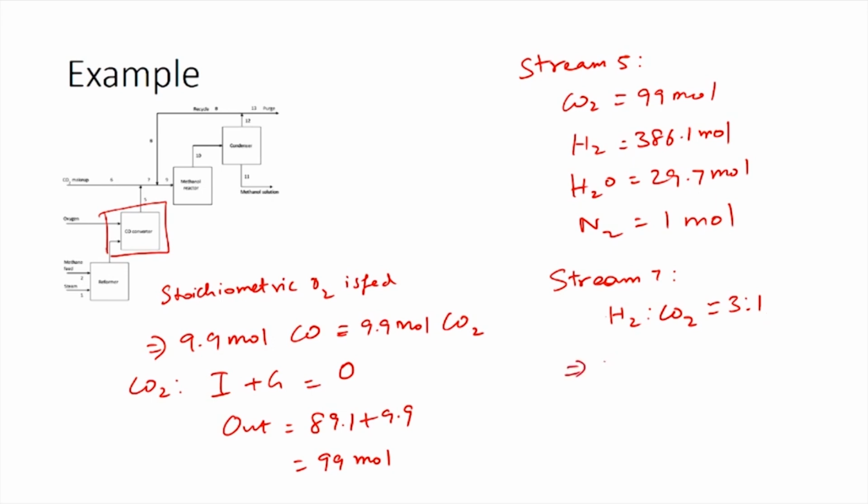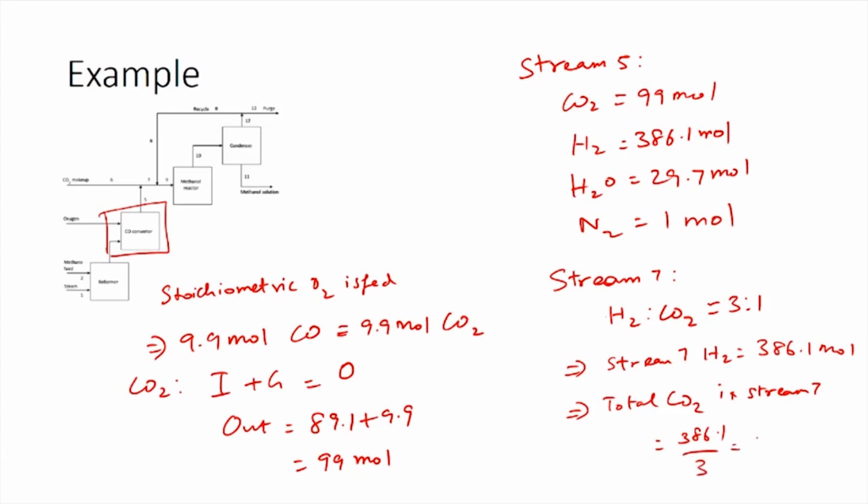This implies stream 7 contains hydrogen as 386.1 moles. Knowing this, we can calculate total CO2 in stream 7 as 386.1 divided by 3, which is 128.7 moles.